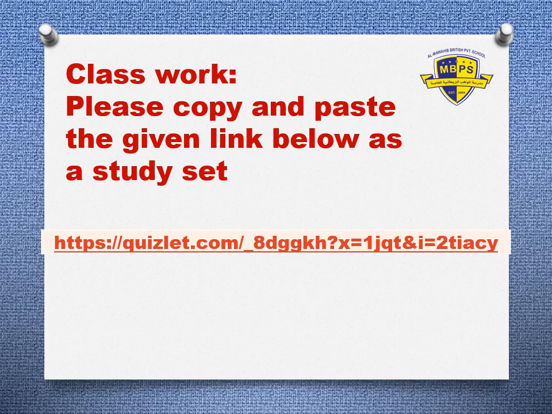Copy and paste the given link as a study set in quizlet.com, and you will find the study set. You have to study those questions and answers, and learn them by heart. Okay, grade 2 boys and girls, I know you will do it.